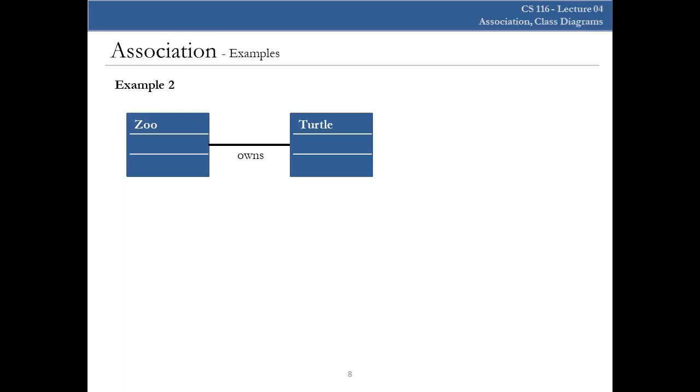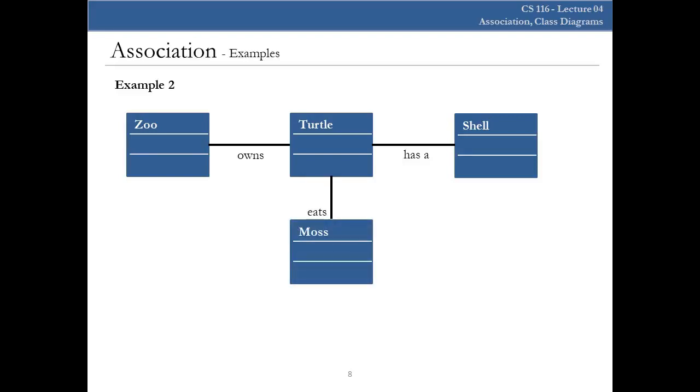That means zoo owns this turtle, or turtle is part of that zoo. Now let me define a third class, shell, and turtle owns this shell, or turtle has a shell, right? A fourth class called moss, and this class is again related to turtle, and turtle eats moss, right?